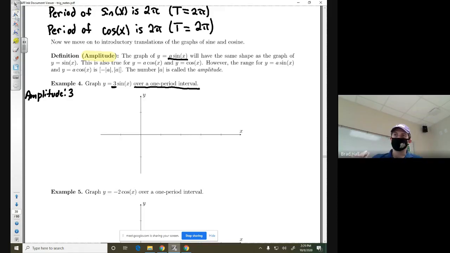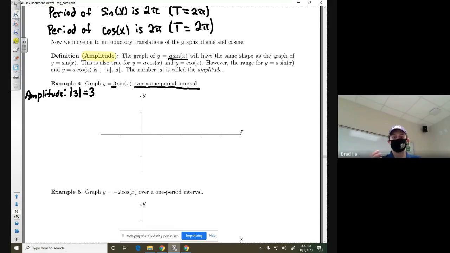So technically, I should be careful here. We'll see this in the next problem. Just to make this explicit, technically the amplitude is the absolute value of the number, which doesn't change anything here. It'll be a little bit different in example 5 though, straight ahead.